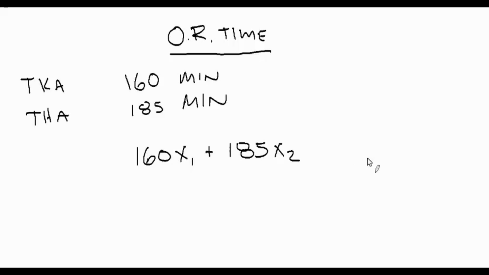Now let's look to see what the total operating time availability is per year so we can set up the full constraint.